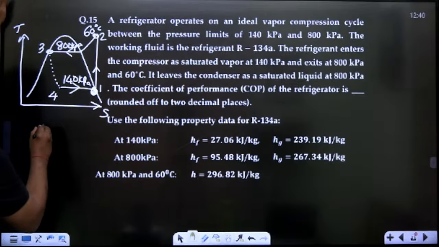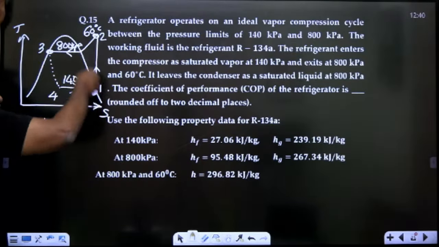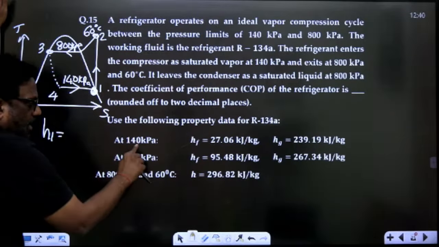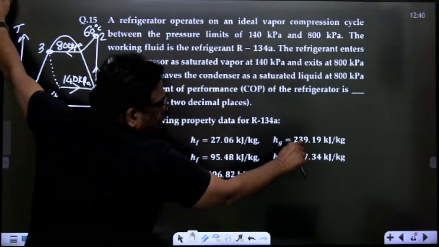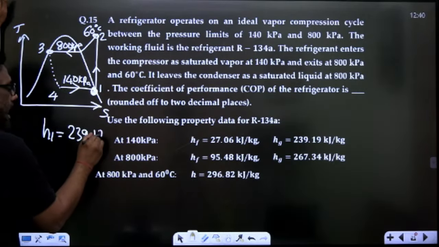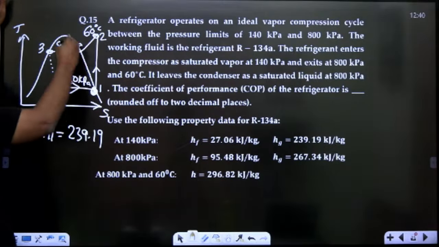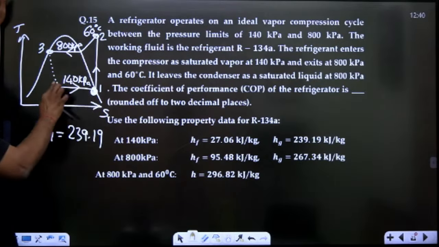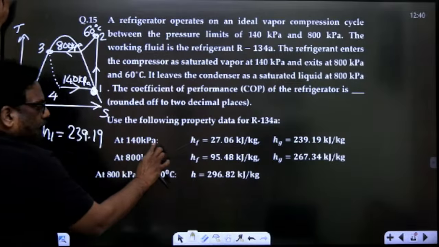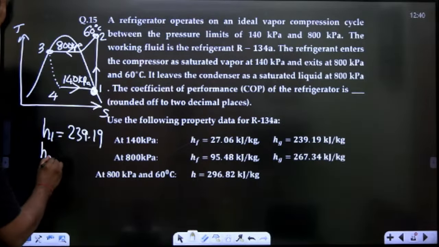Now tell me, can you tell me what is H1? H1 is equal to Hg at 140. At 140, Hg is 239.19. I repeat, sir, what is H1? It is on G. So H1 is Hg at lower pressure 140. At 140, Hg is 239. Okay. What is H2, sir?